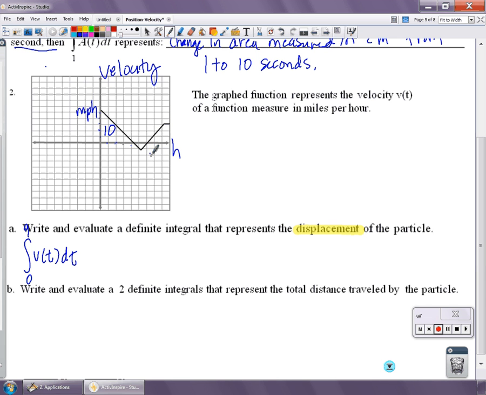So 3 halves times 1 is 3 halves, so that would be 3/4. All I did was 1/2 base times height, if you're wondering how I got that value. So the base is 1.5 and the height is 1, so that's 3 halves times 1 divided by 2 is 3/4.